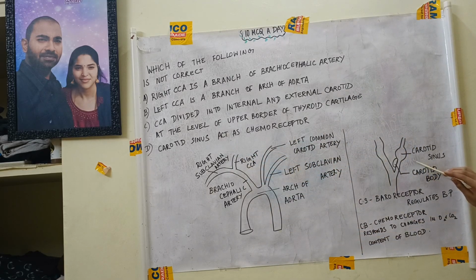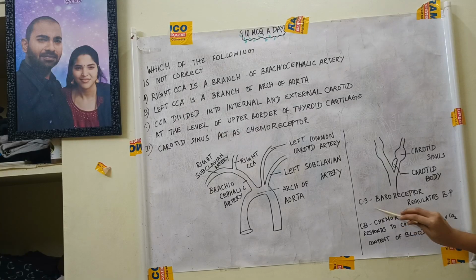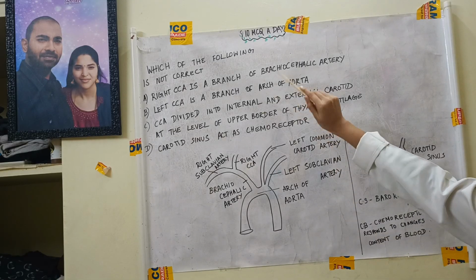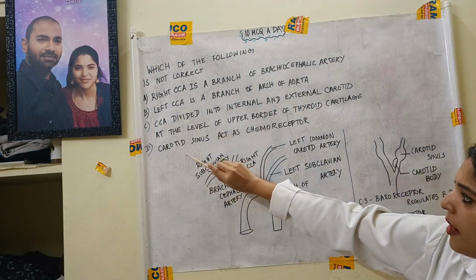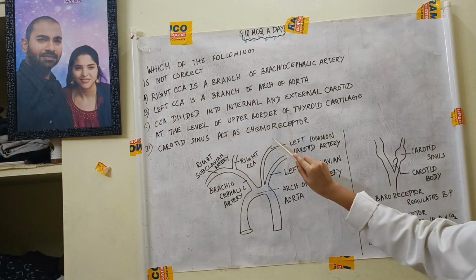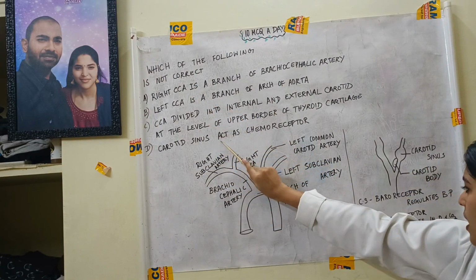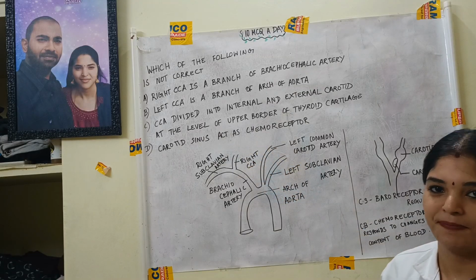So this is the carotid sinus. Actually, carotid sinus is a baroreceptor which regulates blood pressure, and carotid body is a chemoreceptor. It responds to changes in O2 and CO2 content of the blood. So, which of the following is not correct? Carotid sinus acts as a chemoreceptor.